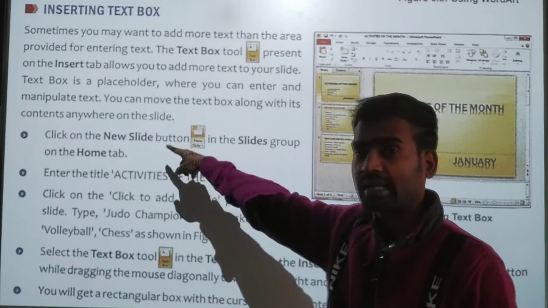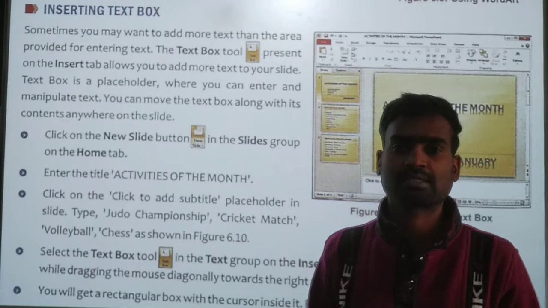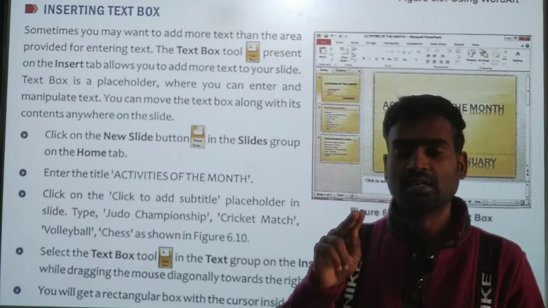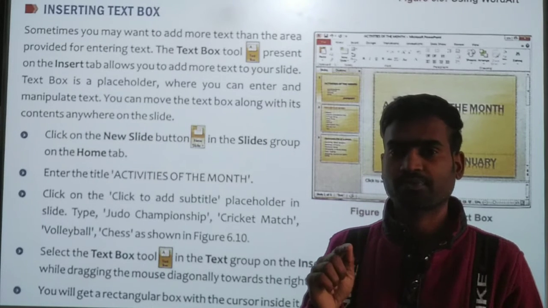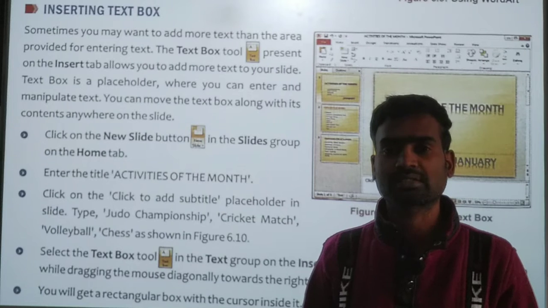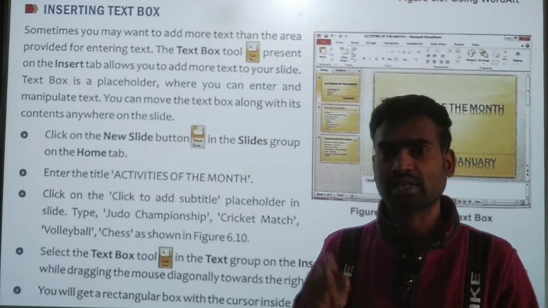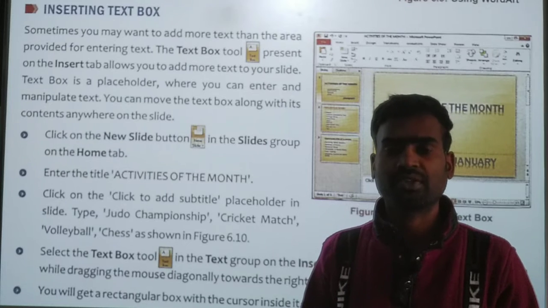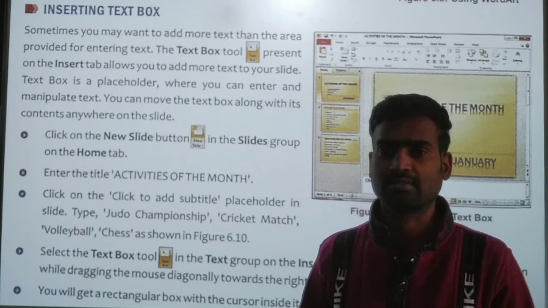Or we can right-click with the mouse and choose New Slide. Or on the keyboard, you can press Ctrl plus M. That is the shortcut key to insert a new slide. When you press Ctrl plus M, the new slide will be inserted, right?